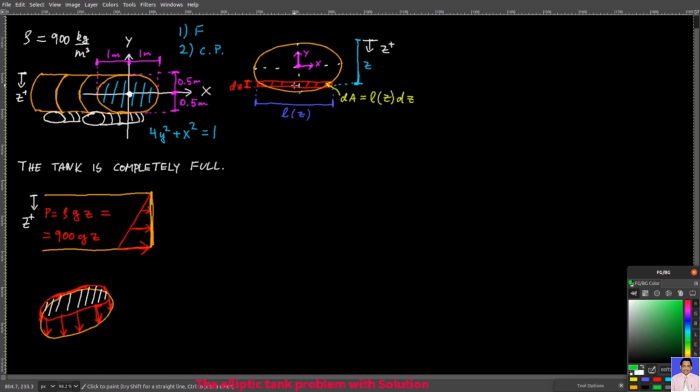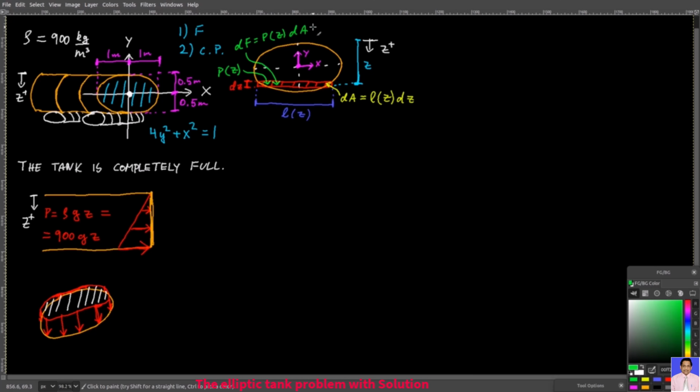And remember, this narrow strip, it experiences some kind of pressure. Therefore, the differential force exerted on this strip is the pressure as a function of z at this specific z for this specific strip times dA. So you take your dA, you multiply it by the pressure, and you get your differential force.